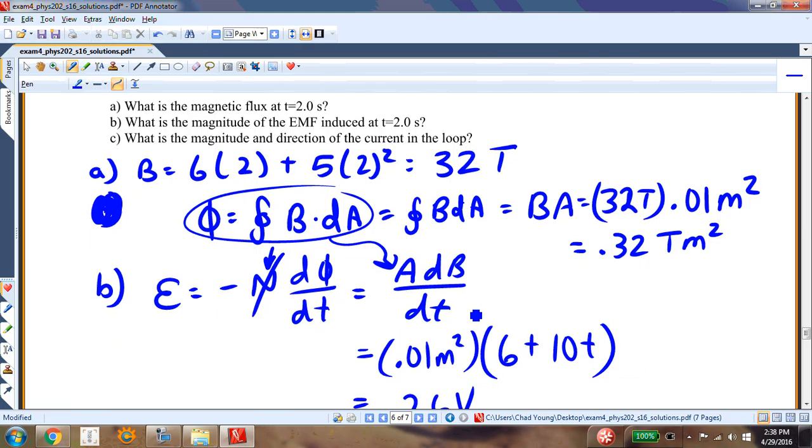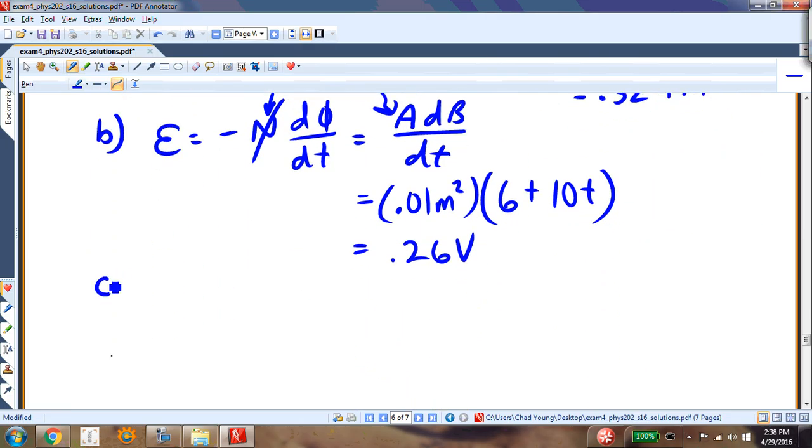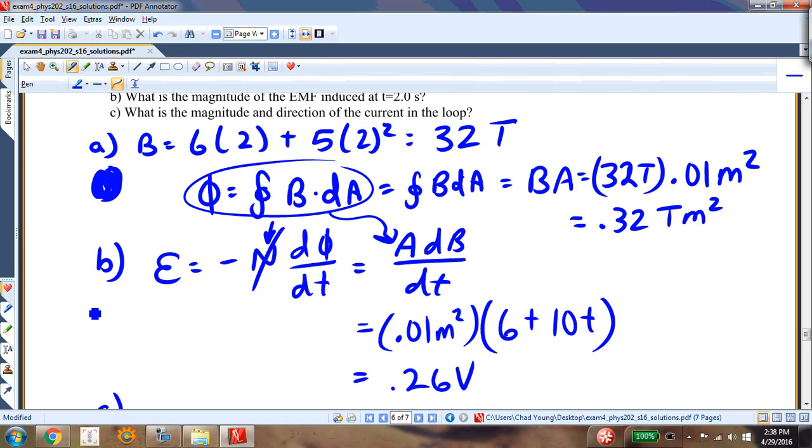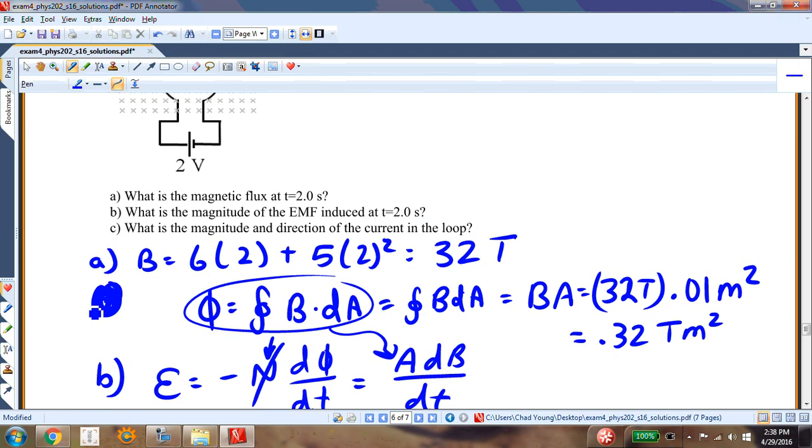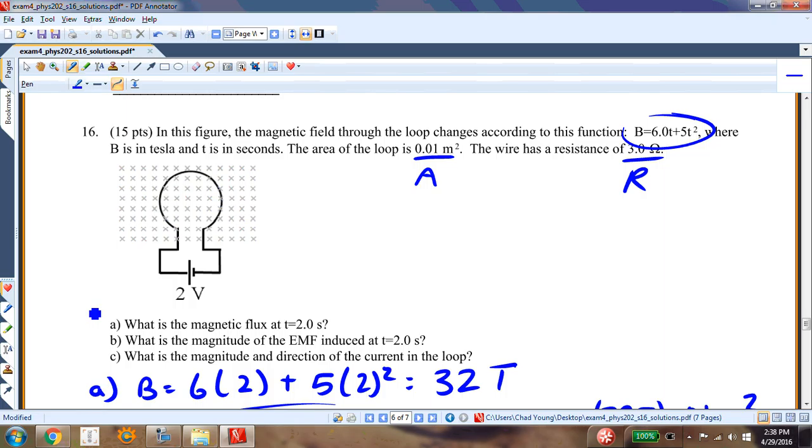That's the magnitude. And then I need to know the magnitude and direction of the current in the loop. So I need to know now what is the direction of the induced EMF in this loop. So I have this flux that is increasing. That means that the magnetic field produced by this loop is going to be out of the page like that.